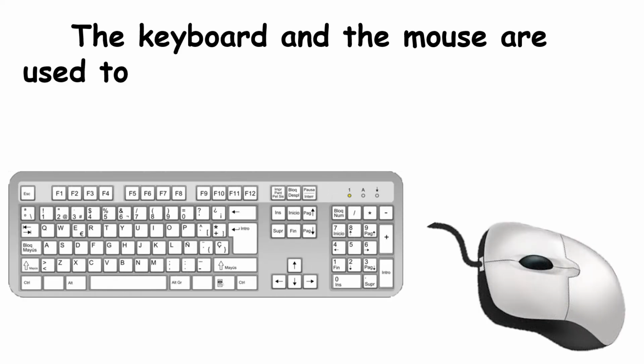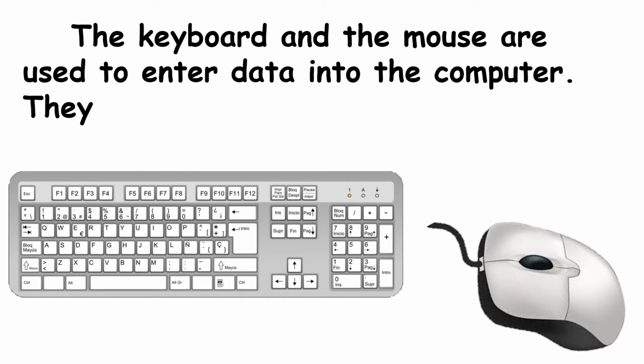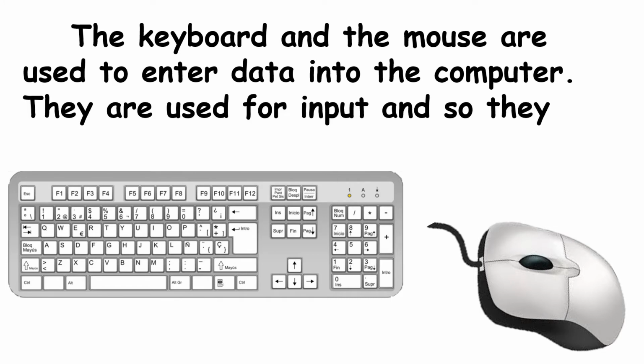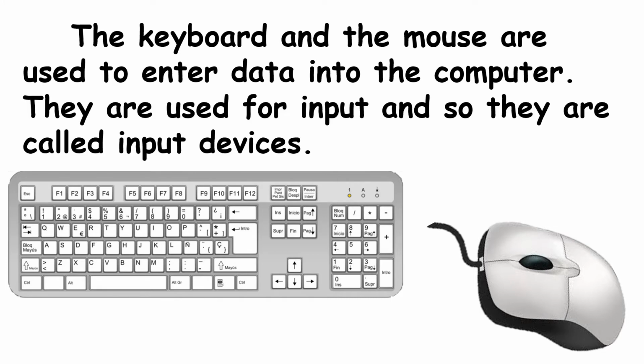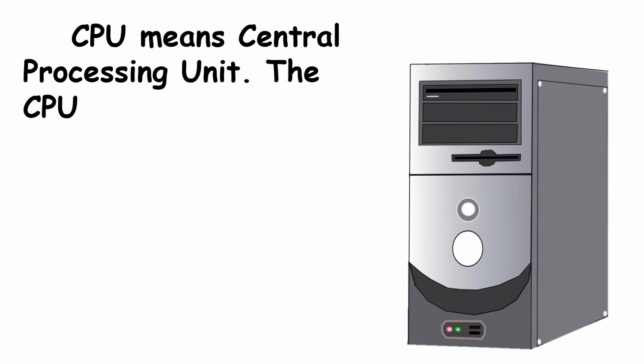The keyboard and the mouse are used to enter data into the computer. They are used for input and so they are called input devices. CPU means Central Processing Unit.